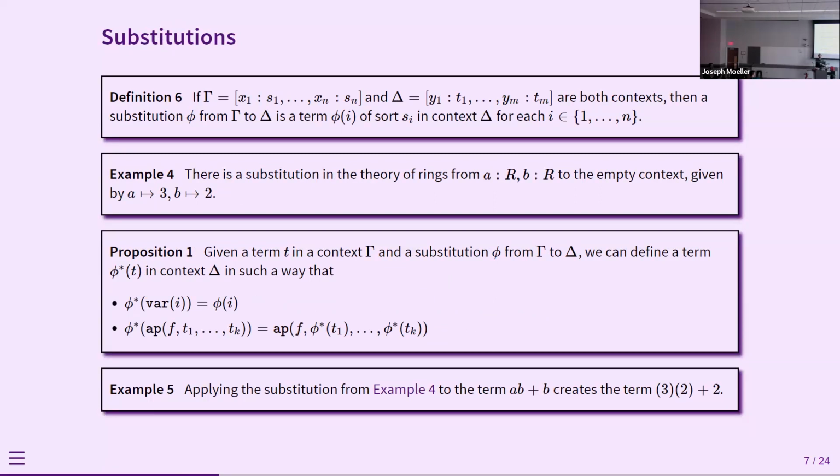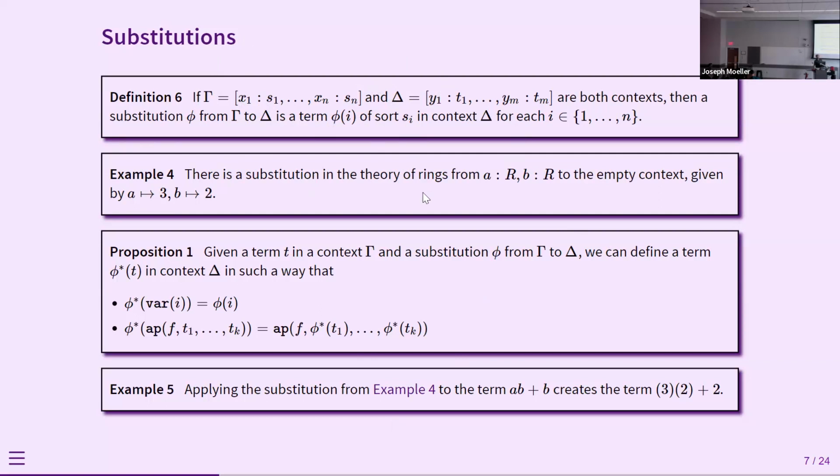You can think about a morphism between different algebraic theories, but the thing that I want to talk about is morphisms between contexts. So if we have two contexts, then a substitution from the first context to the second context is, for each i in 1 to n, a term of sort S sub i, but in the delta context.